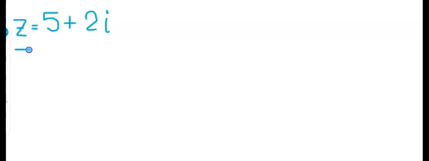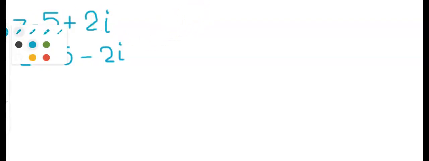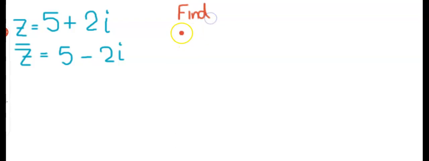If I want to find out z conjugate, it's going to be 5 minus 2i. Now the question is, find z multiplied by z bar.